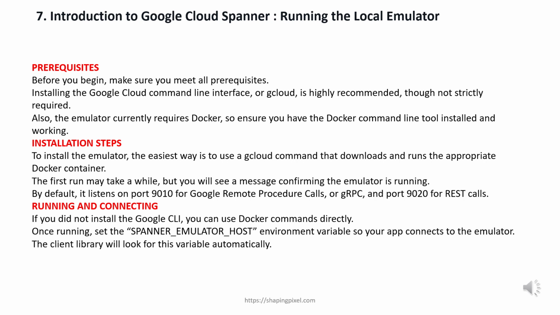If you did not install the Google CLI, you can use Docker commands directly. Once running, set the Spanner emulator host environment variable so your app connects to the emulator. The client library will look for this variable automatically. Remember, the emulator stores all data in memory, so everything is lost when it shuts down. Use it only for testing and development. For more details, always check the official documentation.